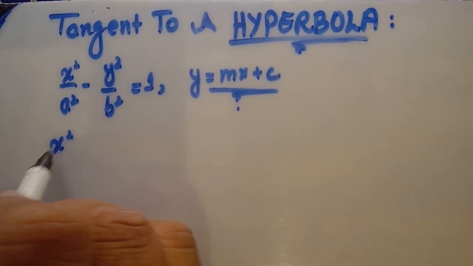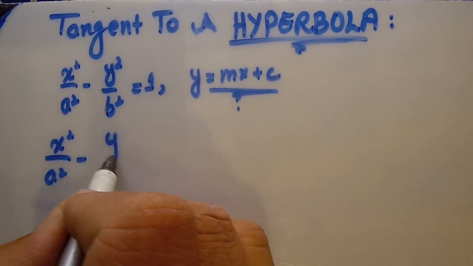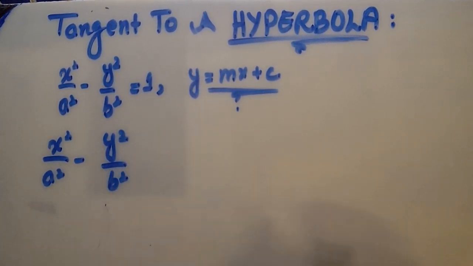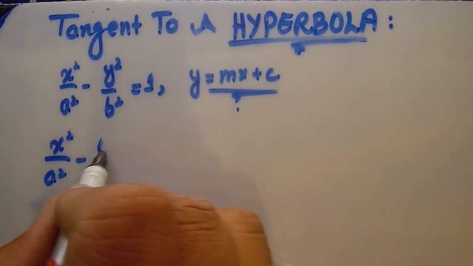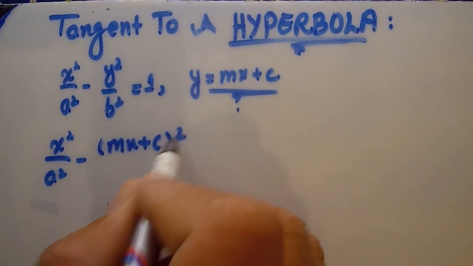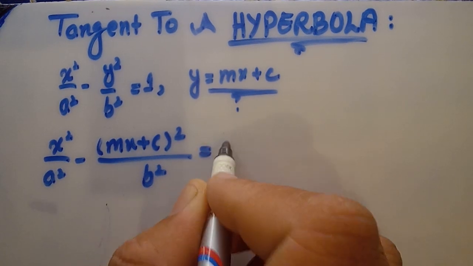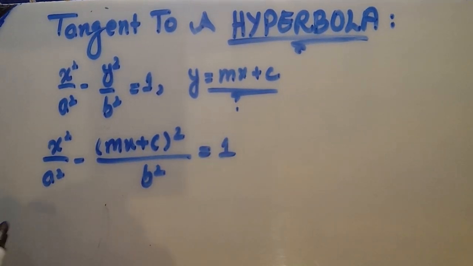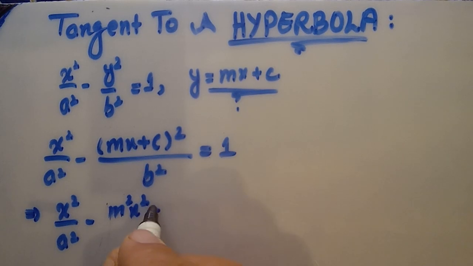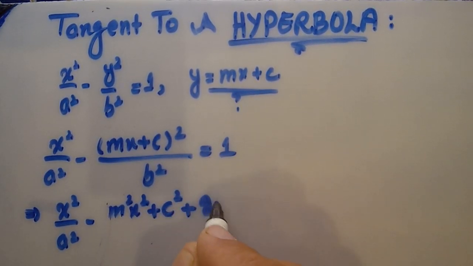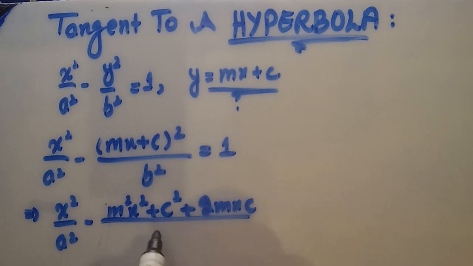This will become x square by a square minus y square by b square. Okay, we will substitute mx plus c instead of y. (mx plus c) whole square by b square is equal to 1. Now simplifying this, we can get x square by a square minus (m square x square plus c square plus 2mxc) divided by b square is equal to 1.